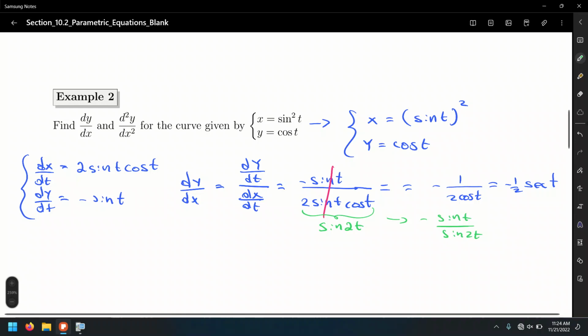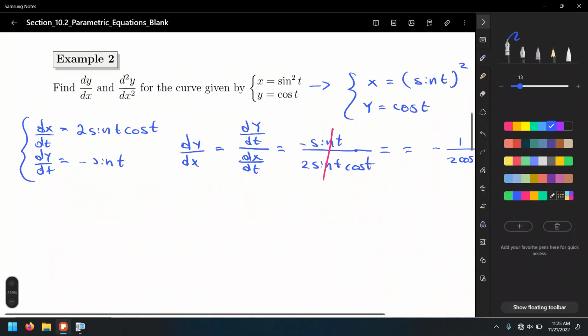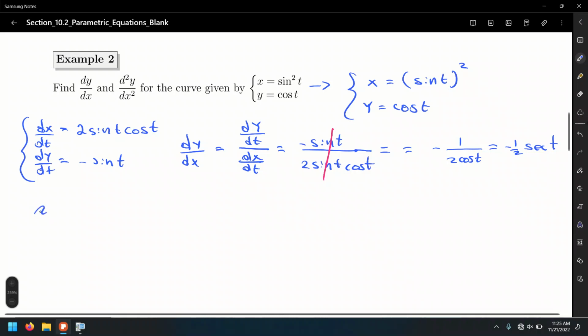So when you get to the second derivative, again, you don't want to deal with a quotient rule, right? So, I mean, if you want to do that for practice, that's fine. However, my advice, just keep it simple and try to simplify this first derivative as much as possible. So let's get to the second derivative.